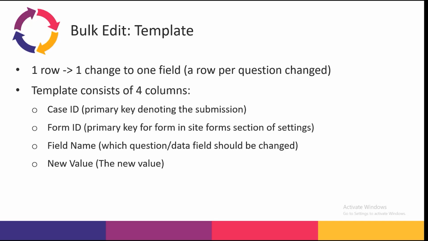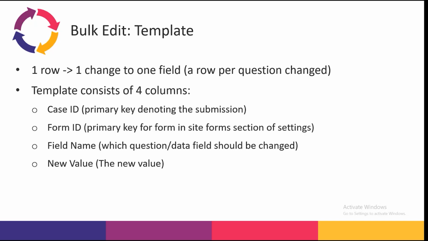The template itself consists of just 4 columns, so it's a very simple template to understand. You have the case ID, that's the submission that you want to edit. The form ID is the form that the submission belongs to. So you might have multiple forms in your projects. Let's say you have activity reporting, you also have site monitoring, and you have some form of referrals.